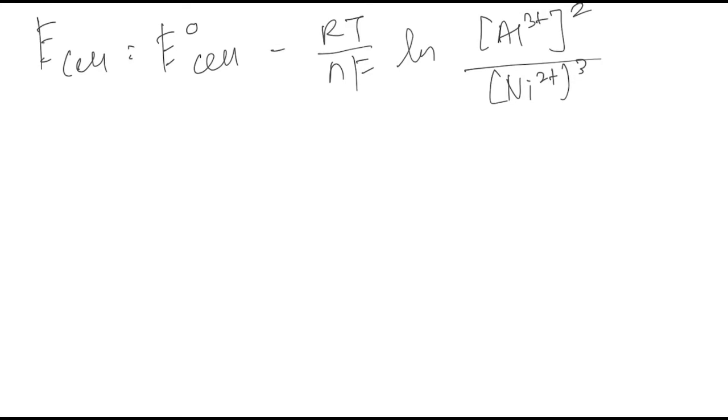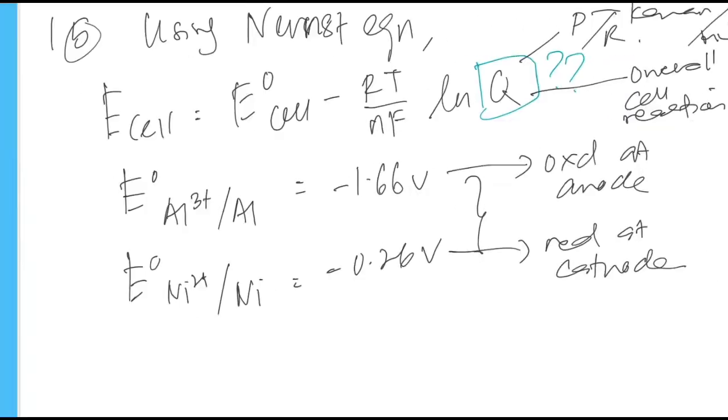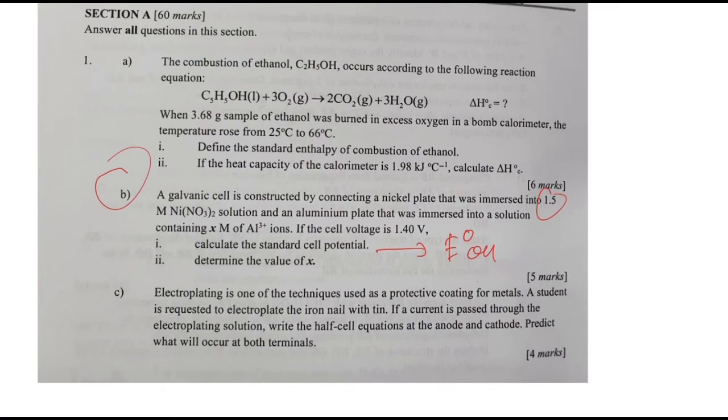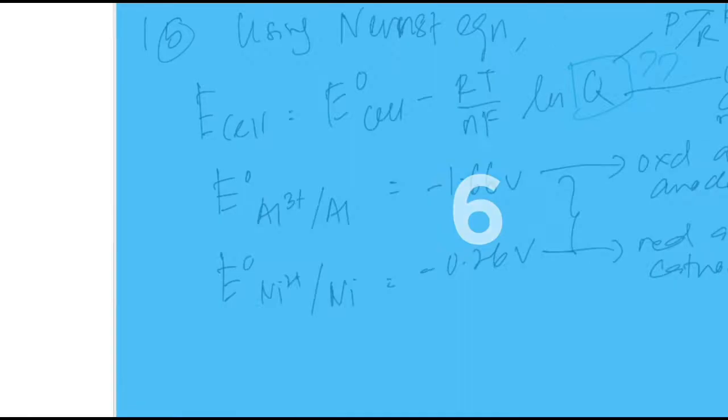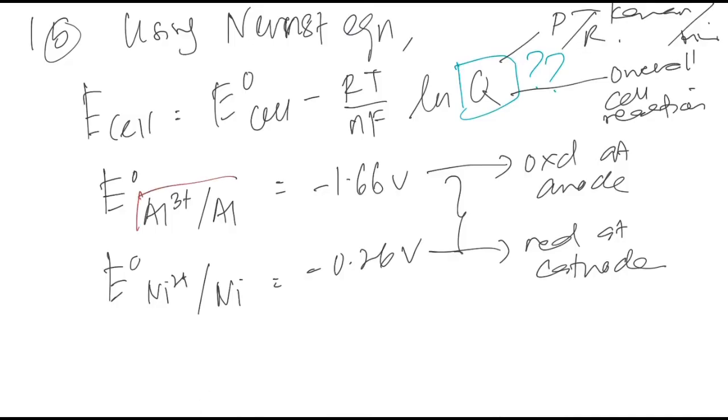Going back to the question, the first part requires us to calculate the E naught cell. So we go to the formula: E naught cell equals E naught oxidation plus E naught reduction. For E naught oxidation, in reduction format the value is negative 1.66.